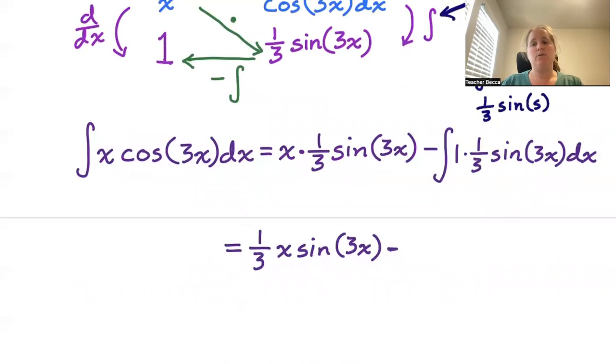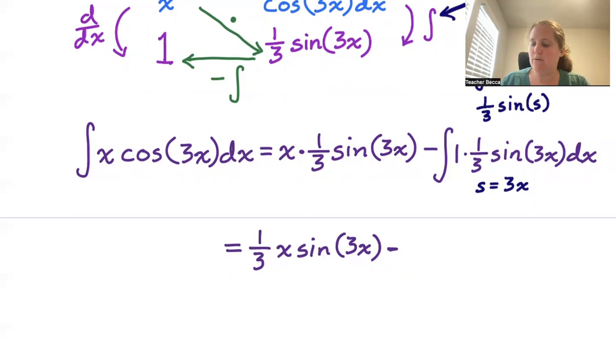Similarly here, if we do our substitution, if again we set s equal to 3x, we have ds is 3 dx. Going through again, we wind up getting that we would have minus a negative 1/9 cosine of 3x.